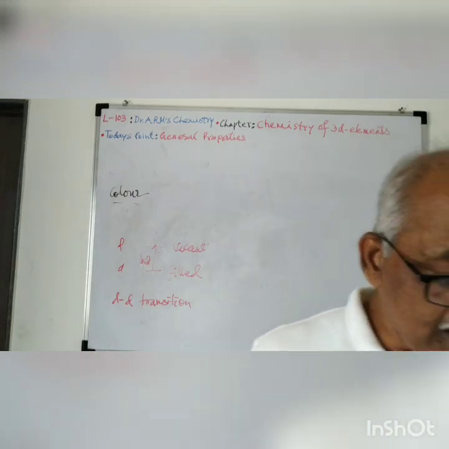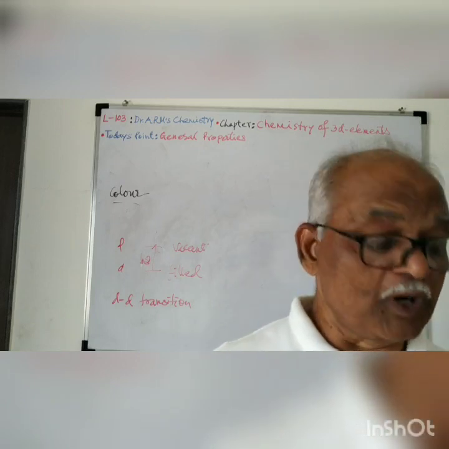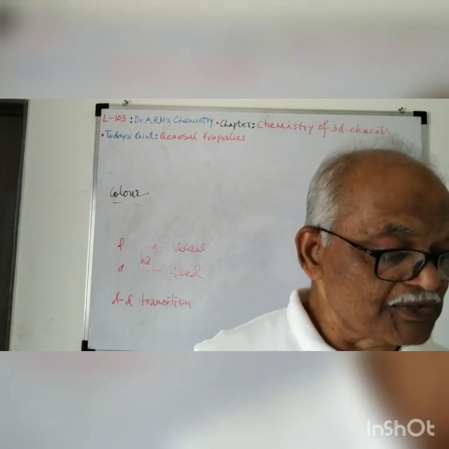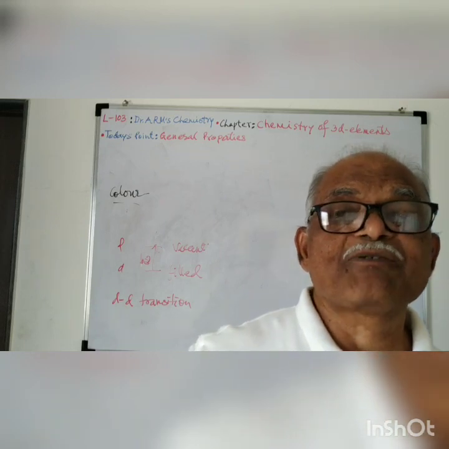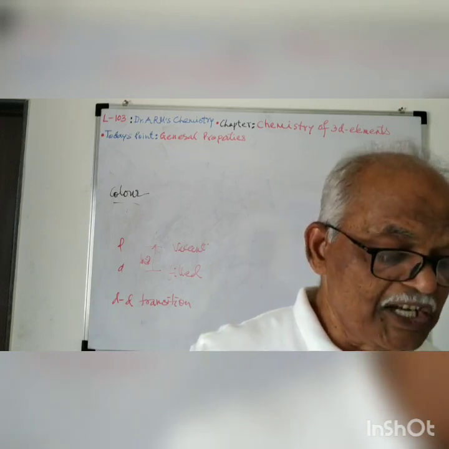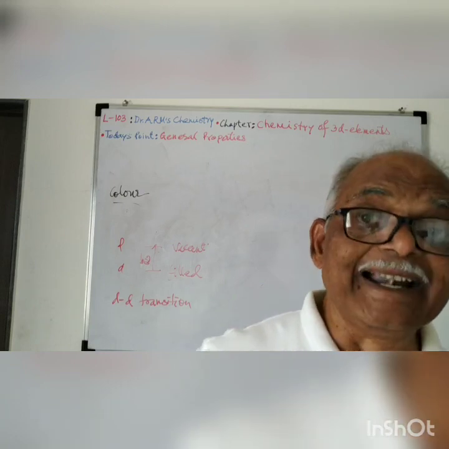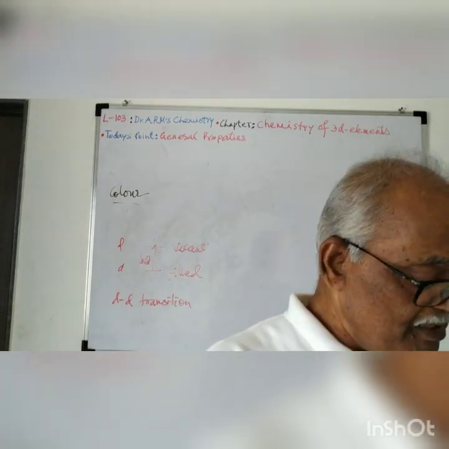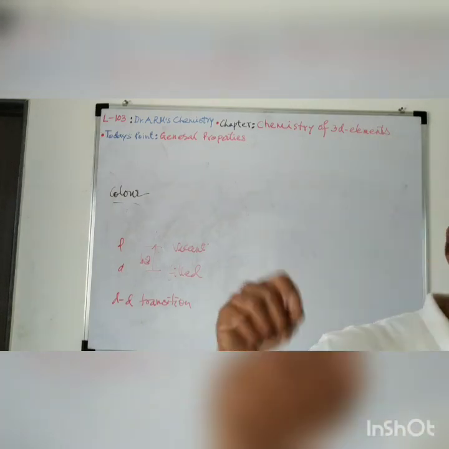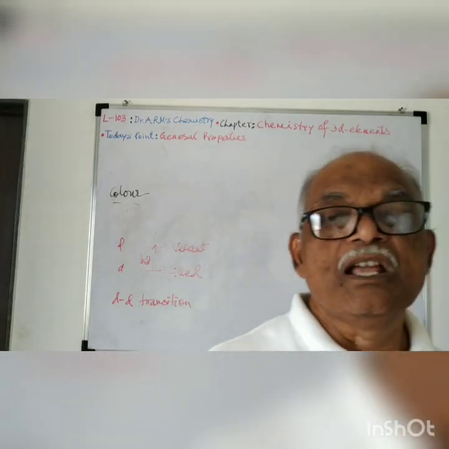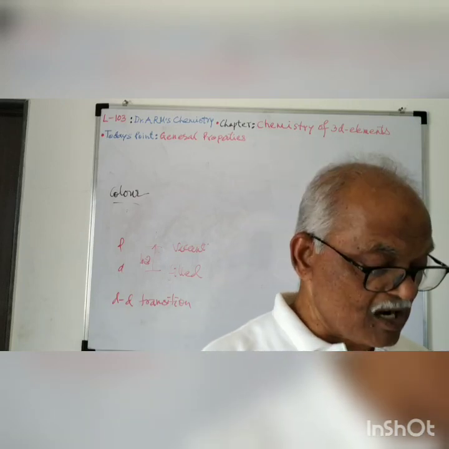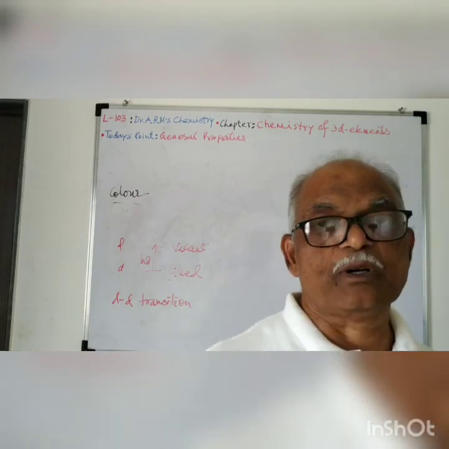If the blue color is shown by the compound, it means the compound absorbs the radiations corresponding to red color. So in this way, metal ions in their various compounds exhibit different colors such as blue, yellow, green, etc., or various combinations of these colors.